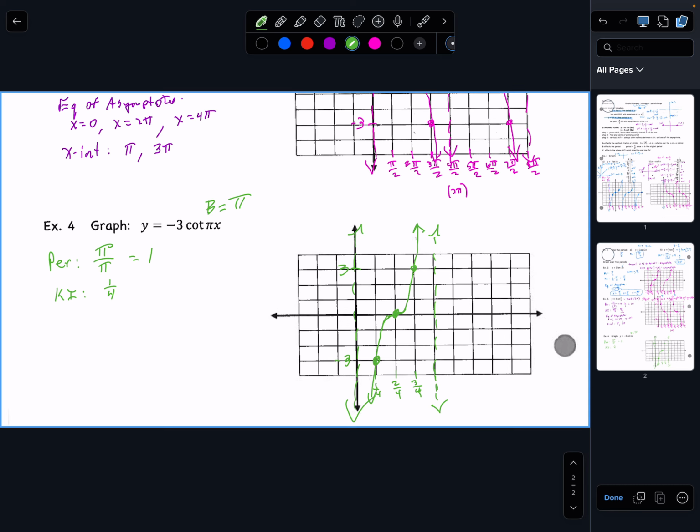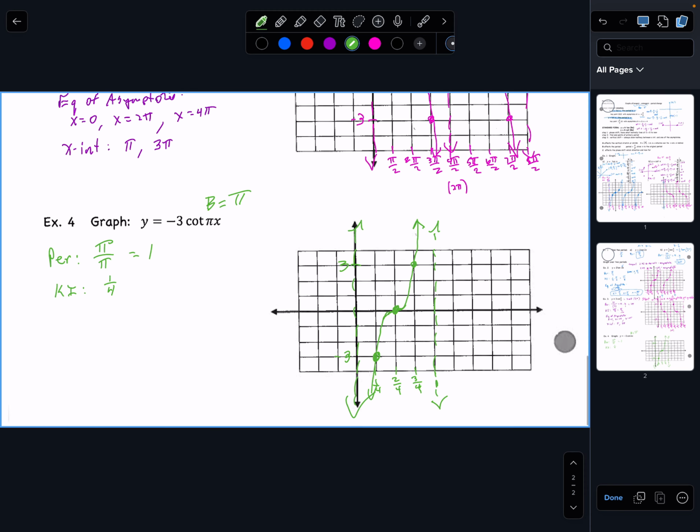And then have it appear that it's going to kind of run parallel to your asymptotes. And then repeat that. You're at 1, so you're 5/4, 6/4, 7/4, and 8/4 would be at 2. And you will have another asymptote at 2. And that -3, 0, and 3 just keep on repeating.